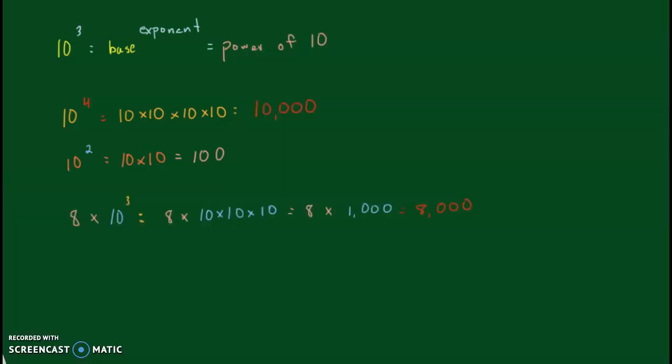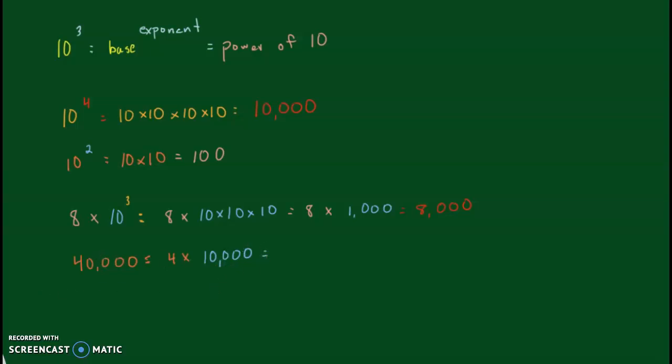Now for our final example here, let's finish with 40,000 and get back to a problem like this. So we know that 4 times 10,000 is 40,000. So I'm going to go with 4 times 10,000 equals 40,000.